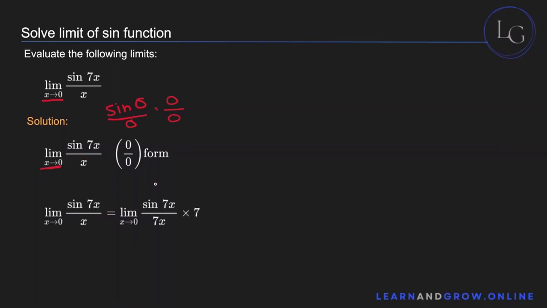And the way to do that over here is you look at this number over here. What you have to do is multiply the function with this number in the numerator and this number in the denominator as well. So basically you're multiplying sine 7x over x with 7 by 7.